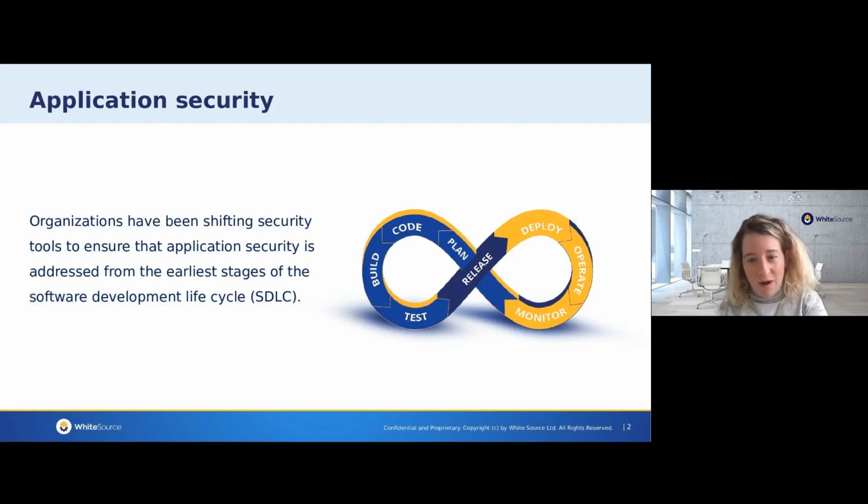As we all know, application security is complex. And we see more and more organizations trying to adjust to this process of software development lifecycle, not only in terms of how we develop software or the delivery part of it, but also trying to adjust the security processes into this model and have application security come in at the earliest stages possible of the software development lifecycle.